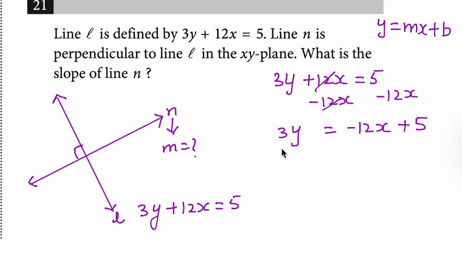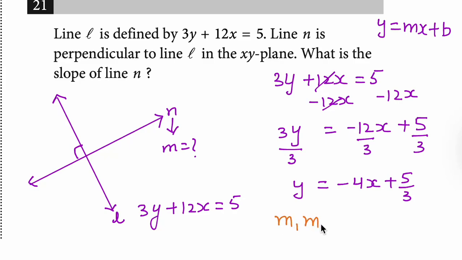Now dividing by 3 on both sides. If I divide, every term will be divided by 3. So y = -4x + 5/3. Now this means the slope of line L is -4, right? And the property says that if two lines are perpendicular to each other, the product of their slopes is -1.